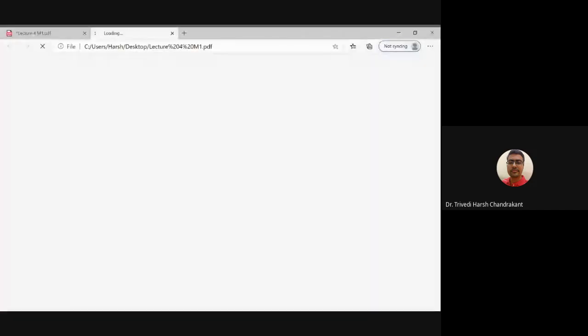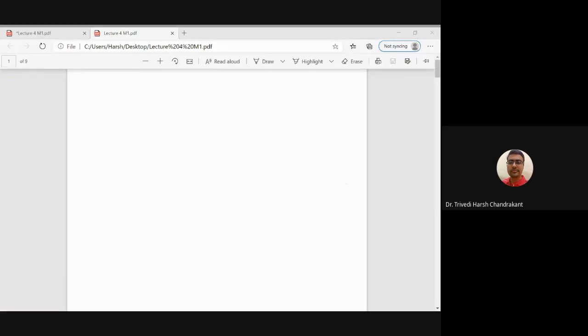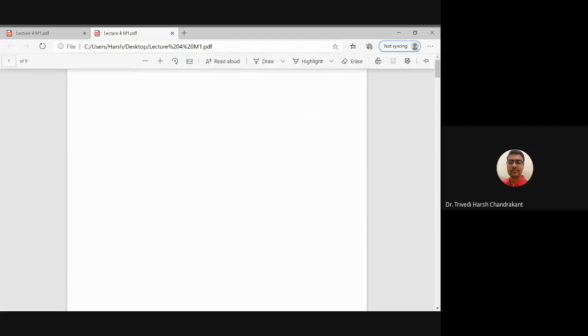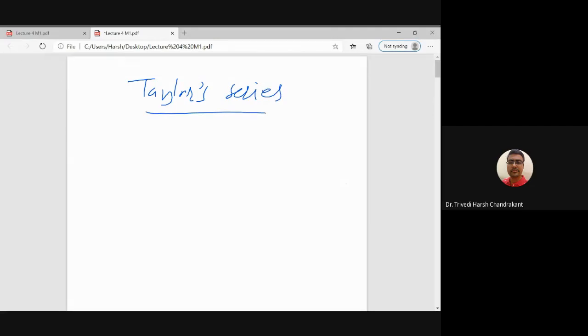So Taylor series is basically when the function is infinitely many times differentiable. See, we have the functions sine x, cos x, e power x.